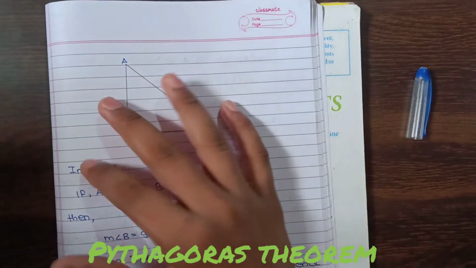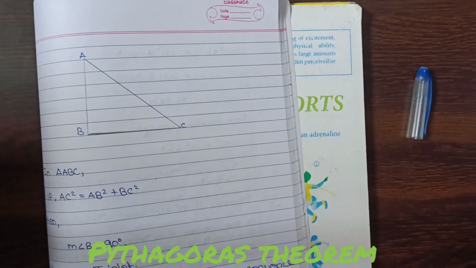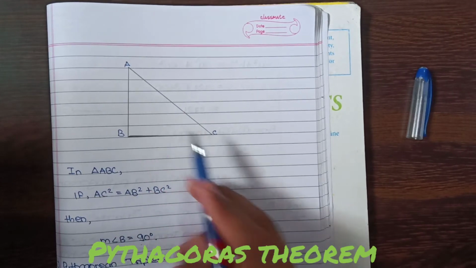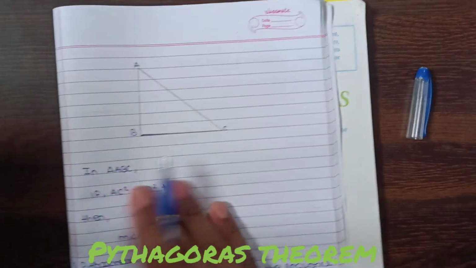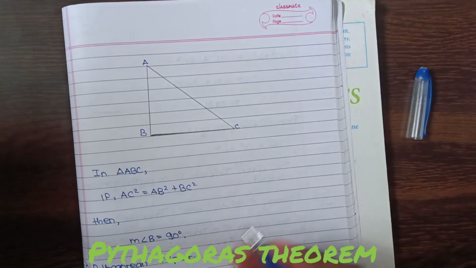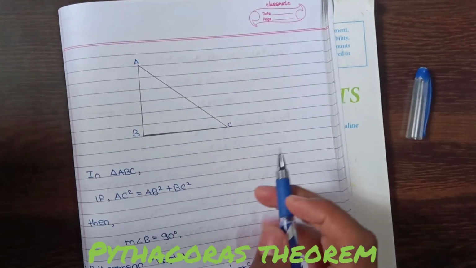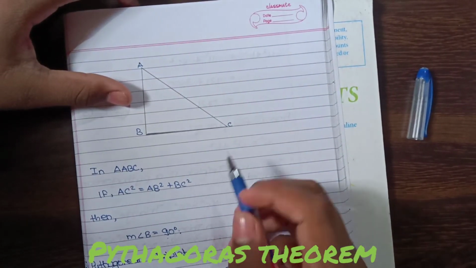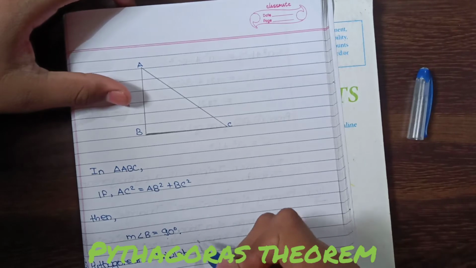But in the converse of Pythagoras theorem, if AC square equals AB square plus BC square, then only we can say that measure of angle B is 90 degrees. That's the converse part, which means that in the Pythagoras theorem we are given this and we have to prove this, and in the converse we are given this and we have to prove this.